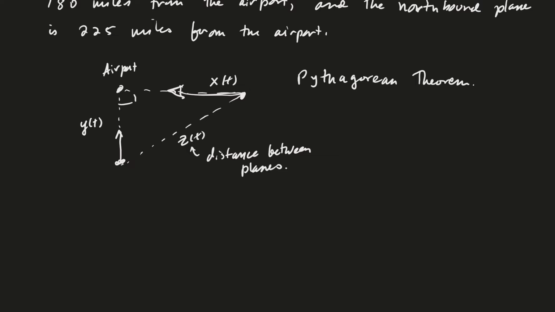Therefore, by the Pythagorean theorem, z of t squared is equal to x of t squared plus y of t squared. Now, you could have written this as a square root, but I think it's easier to differentiate if you don't, although you can. It's going to come out the same either way.